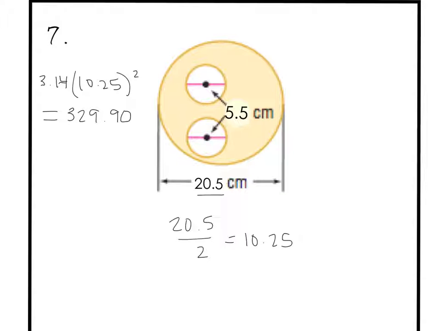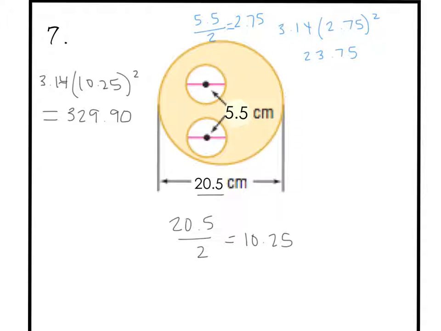Now let's figure out the area of each small circle, and so that's 3.14 times, and then again to figure out my radius, I'll take 5.5 divided by 2, and that gives me 2.75. So 3.14 times 2.75 squared is 23.75.